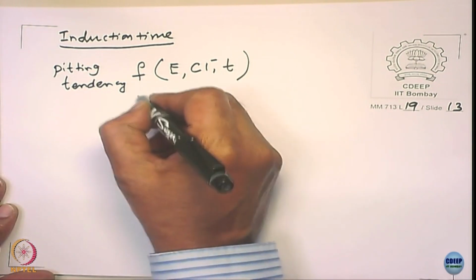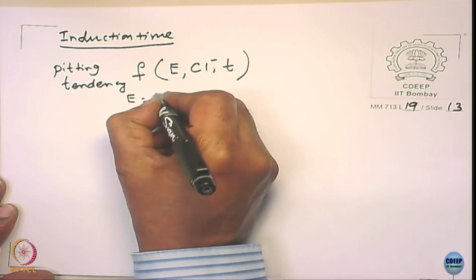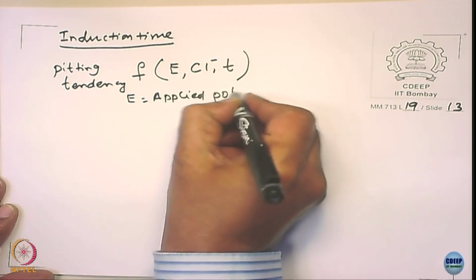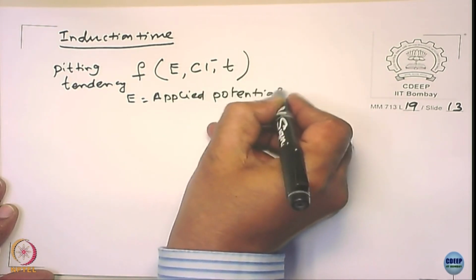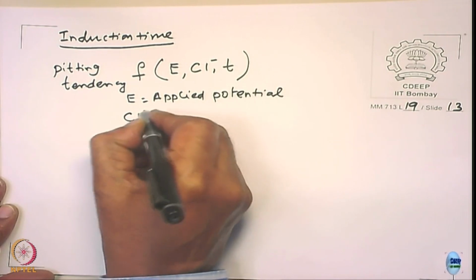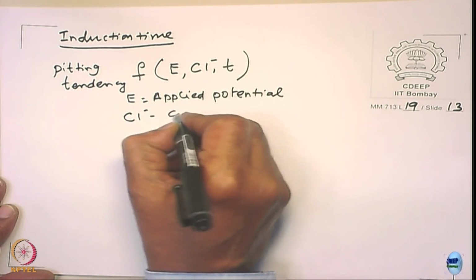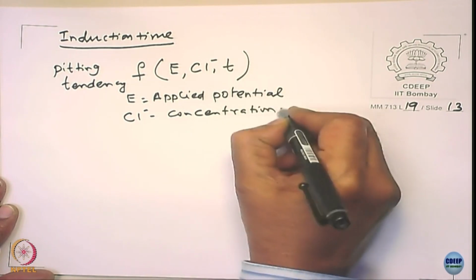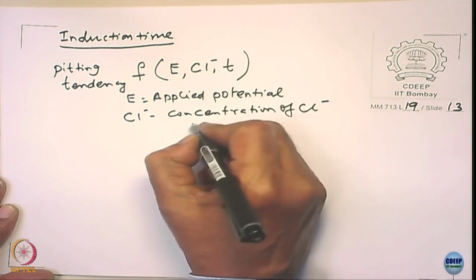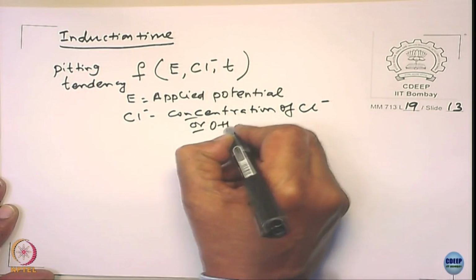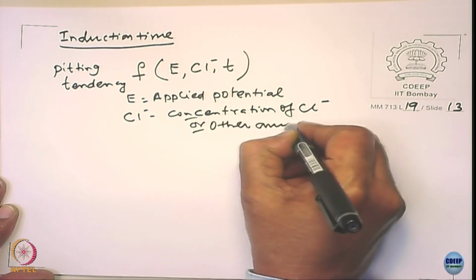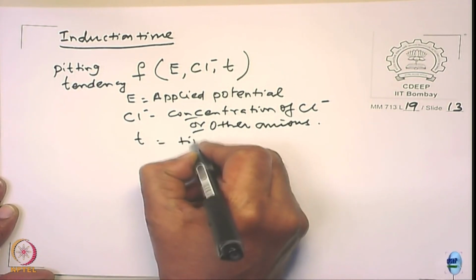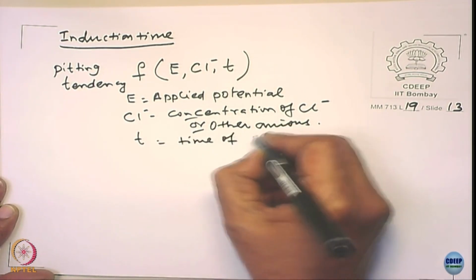Okay, where E is applied potential, chloride is the concentration of chloride or other anions, time is the time of exposure.